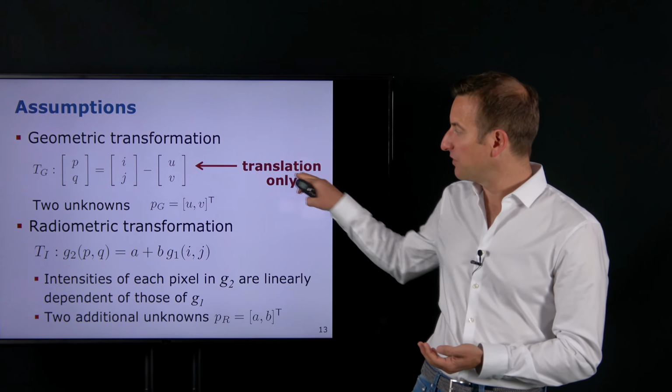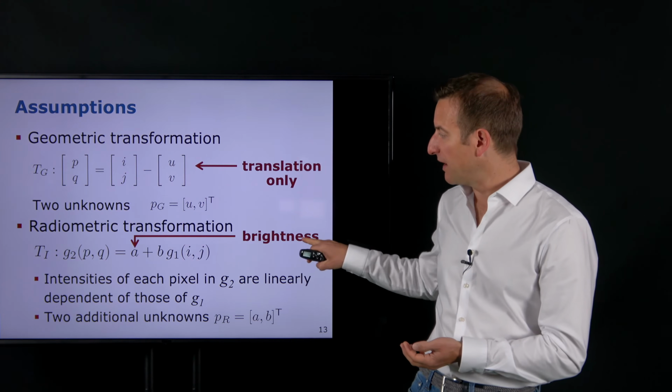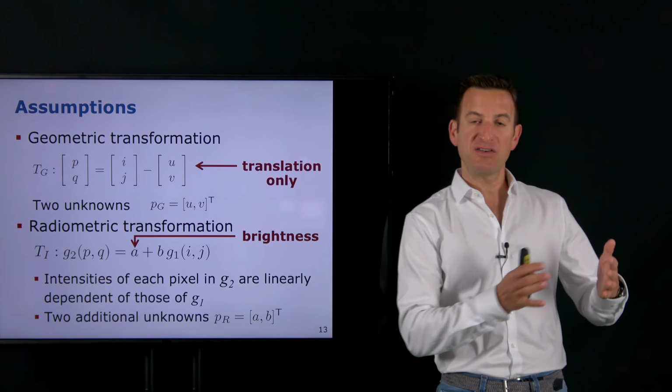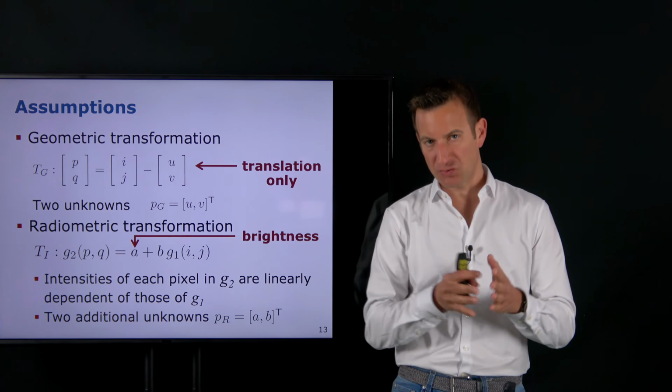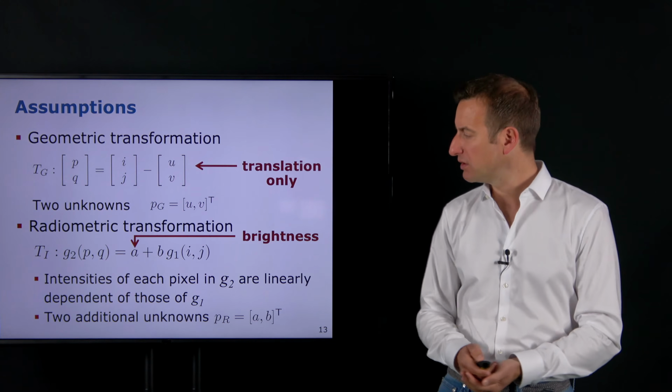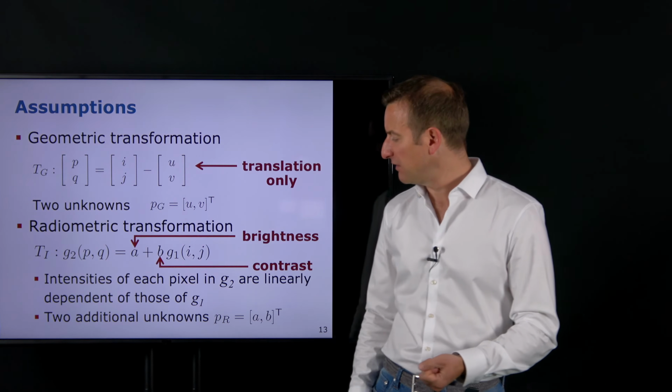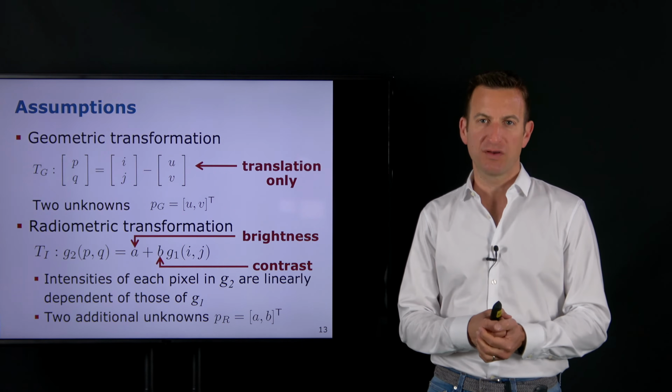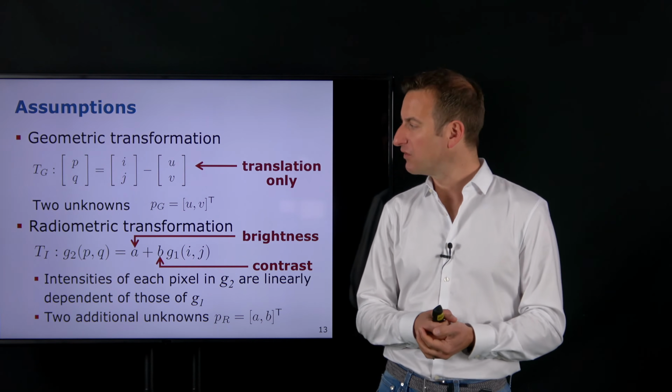This A indicates the brightness, because by adding a constant, I'm increasing the mean, and by increasing the mean, I'm increasing the brightness of the image. And the factor in front of the intensity value changes the contrast of the image, increasing or decreasing it.